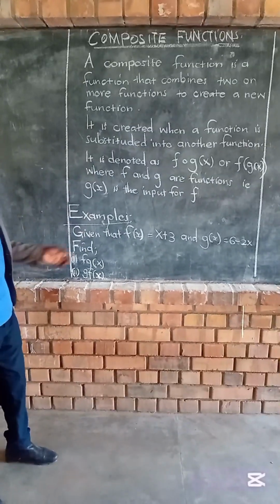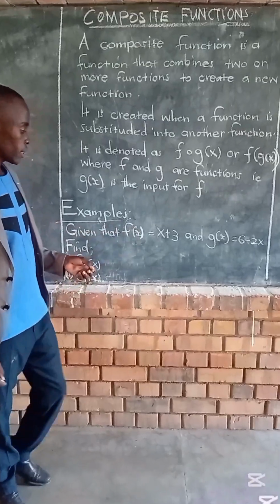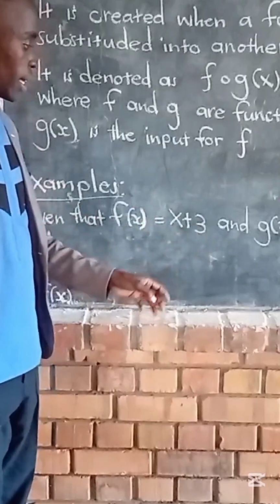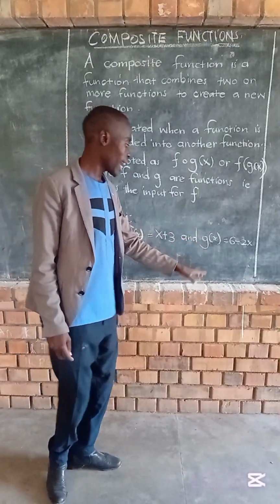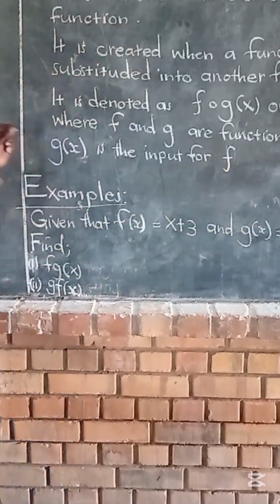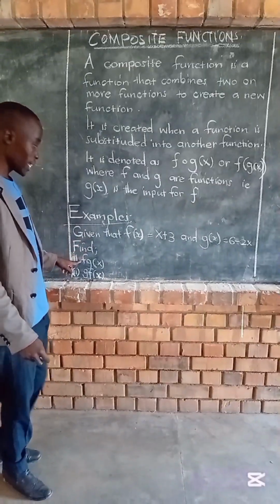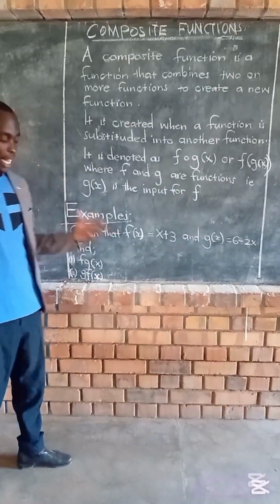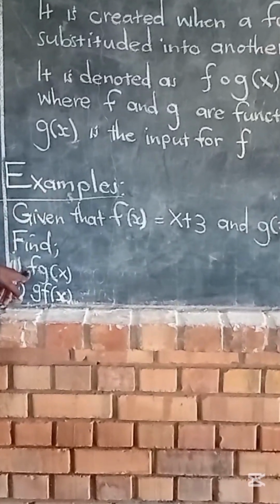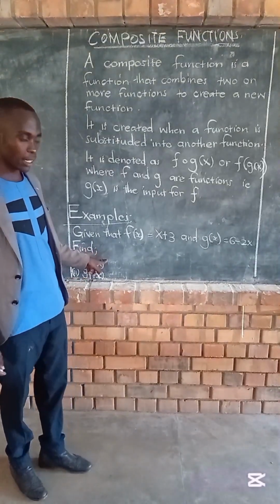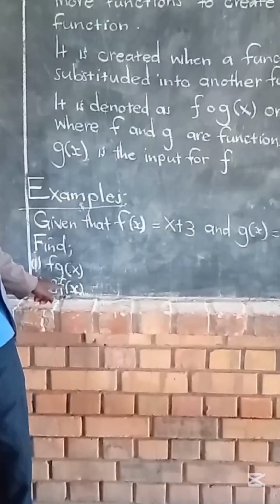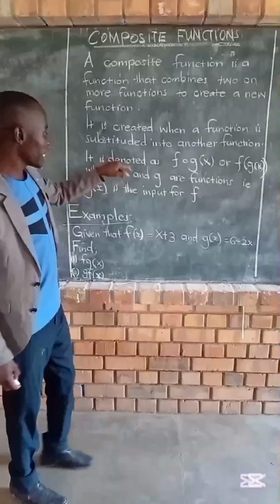I.e., we are given f of x as x plus 3 and g of x as 6 minus 2x, and we are required to find f of g of x and g of f of x.